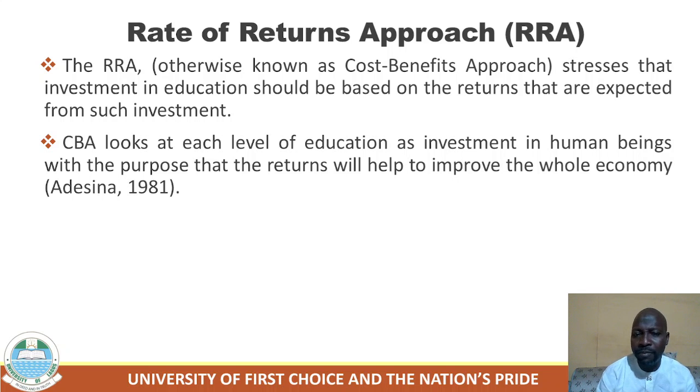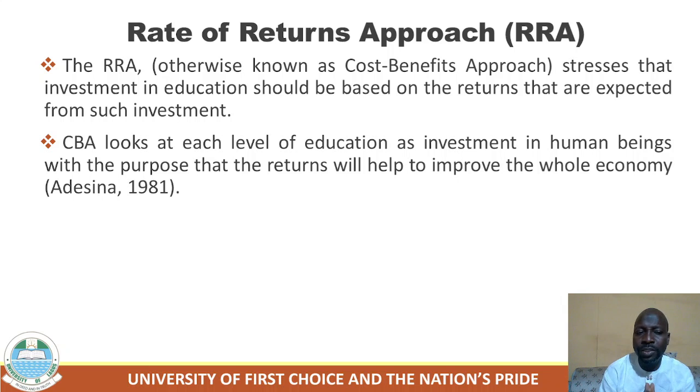So whether it is primary or secondary or tertiary, when I talked in the last video about the social demand approach, basically it is usually meant to plan the primary level of education or basic level of education. While the manpower requirement approach usually focuses on higher education.